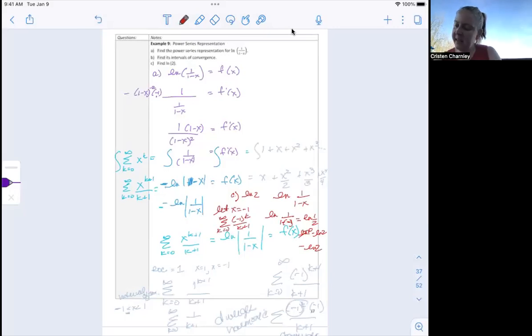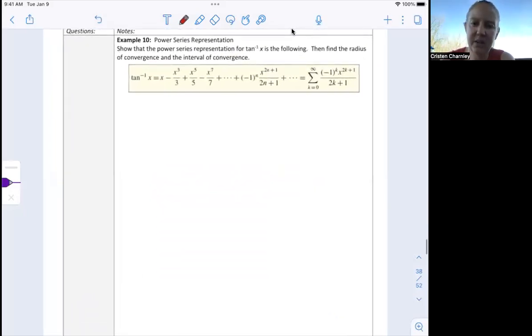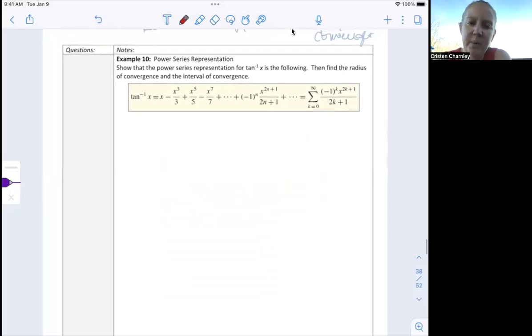And then finally, we're actually going to skip this one. Show that the power series representation for the inverse of tangent is the following, then find the radius of convergence and the interval of convergence. It's a proof problem. They want you to prove the inverse tangent equals that expanded form and also that series form. It's honestly not necessary.